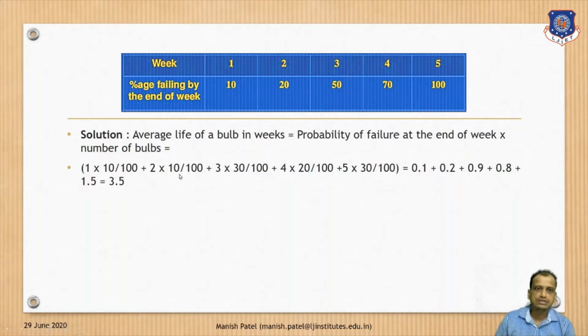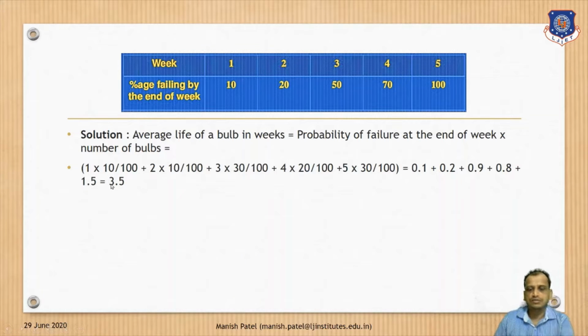How do you get this 10? This is cumulative. If you do it individually, 20 minus 10 is 10, 50 minus 20 is 30, 70 minus 50 is 20, and 100 minus 70 is 30. So you find the individual week probabilities, and adding them it comes out to be 3.5.